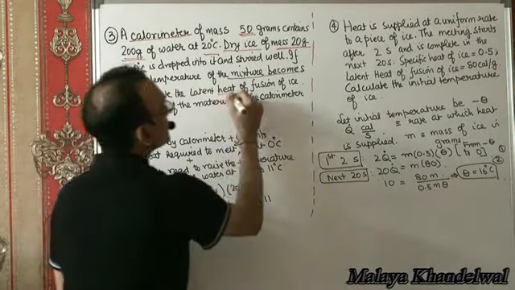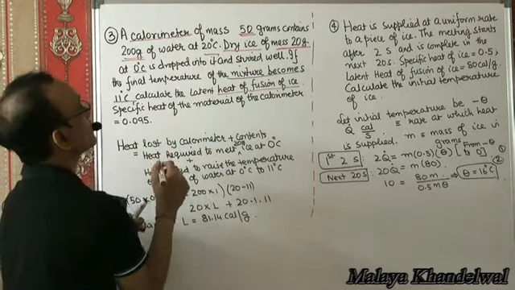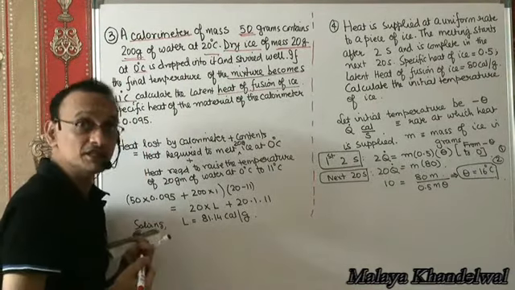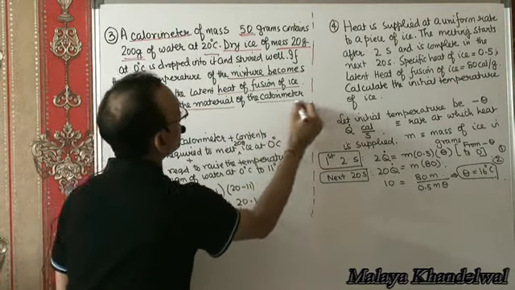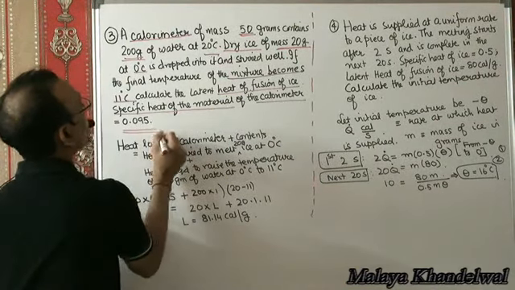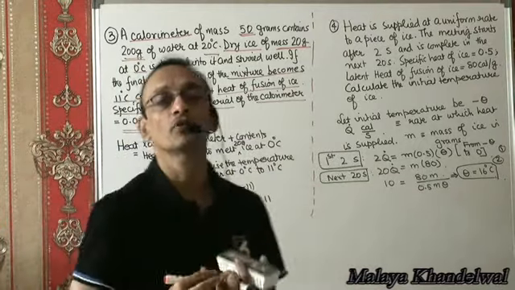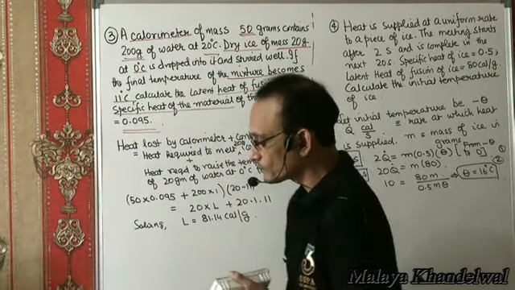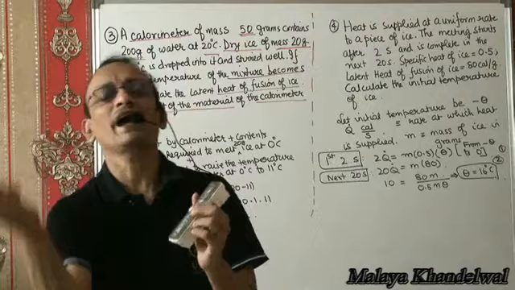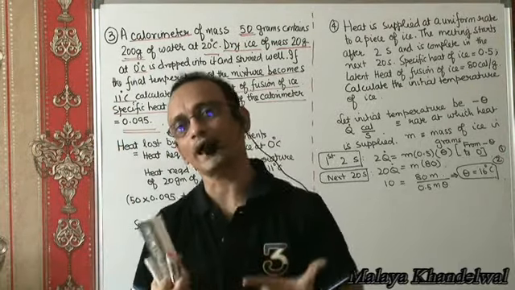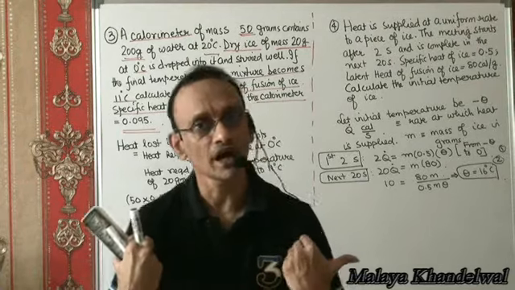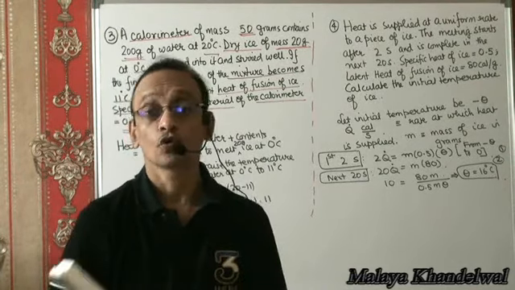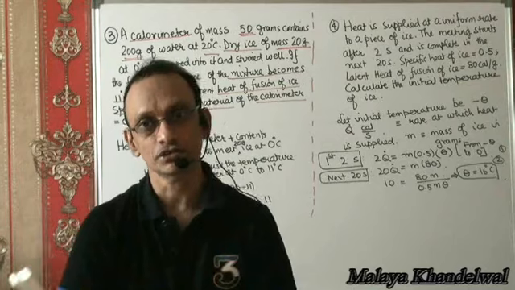It's given that we want to calculate the latent heat of fusion of ice, given that the specific heat of the material of the calorimeter is 0.095, right? So when I add ice to it, what will happen? The calorimeter along with its contents, which is at higher temperature, will lose heat. Ice will gain heat.